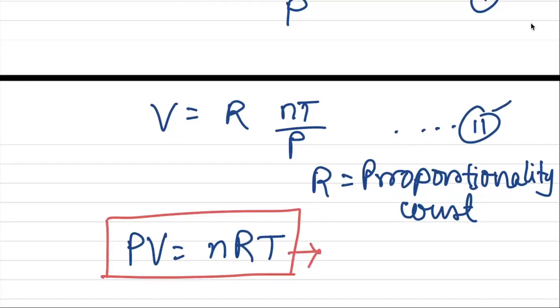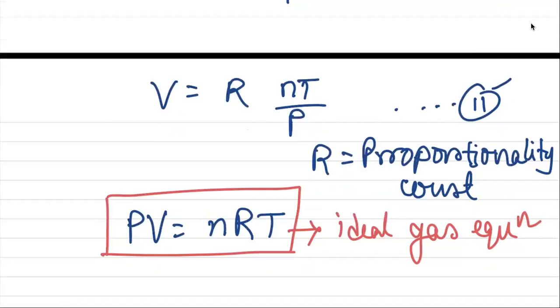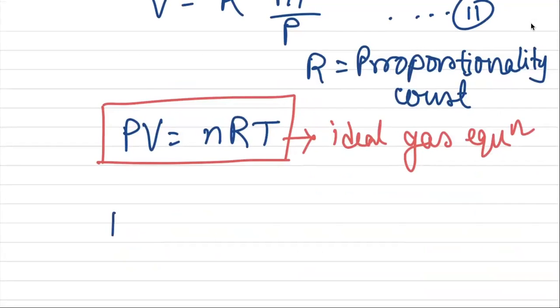This equation is known as the ideal gas equation: PV equals nRT. We can also write R equals PV by nT. So what is R?